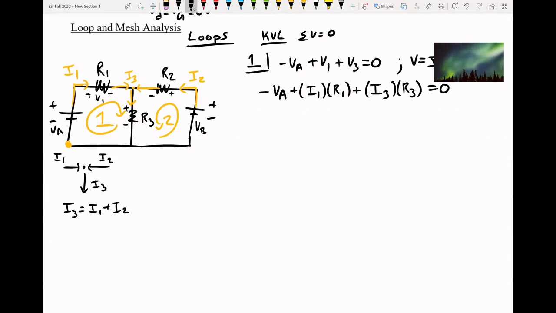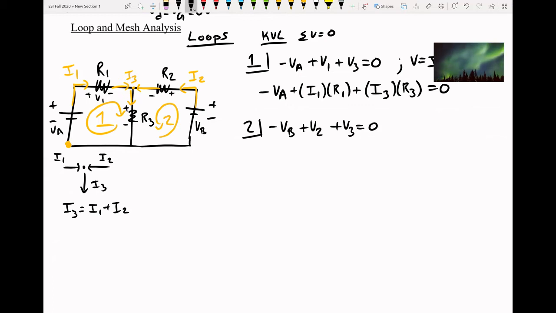Then what we can do is we can come now to loop number 2, and we'll do the same thing. So we'll hit the negative terminal of V of B, hit the positive terminal of V of 2, and then we'll hit the positive terminal of V of 3, and that'll be equal to 0.